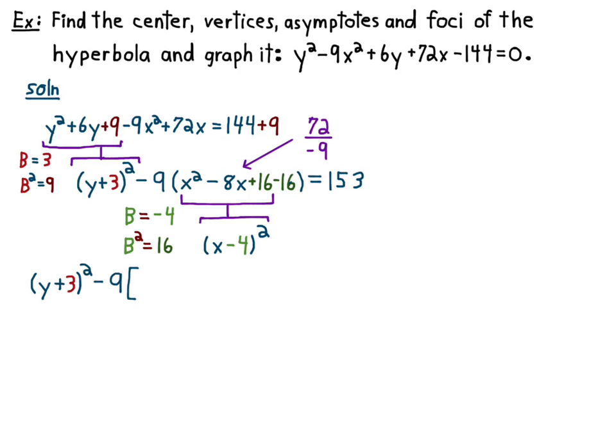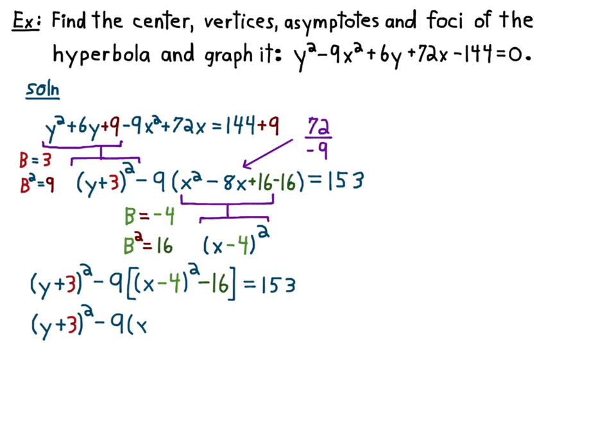So writing this whole thing out, I have y plus 3, the quantity squared, minus 9 times, in brackets, x minus 4, the quantity squared, minus 16, and then equals 153. Then I need to distribute the 9 so that I can figure out what the constant on the left is and add it to the right.